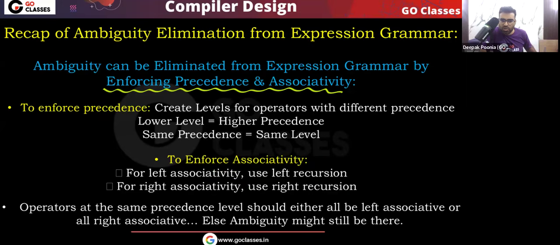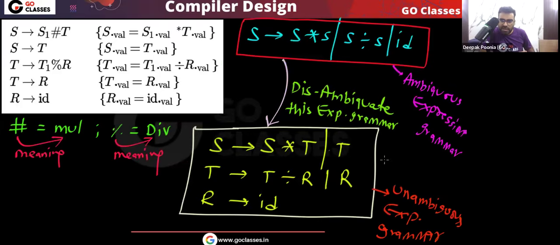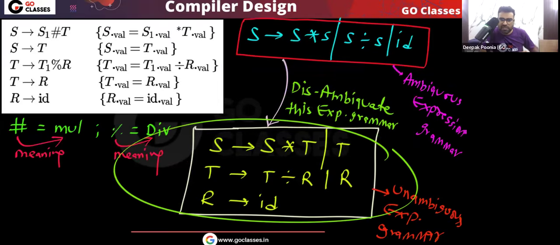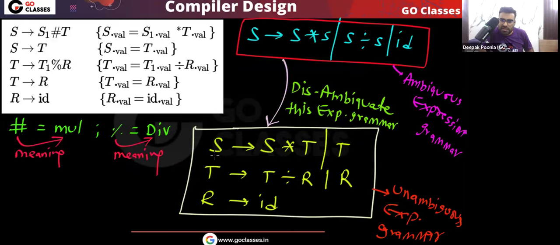Do you remember? In our unambiguous expression grammar, look at this production. This is left recursion. Yes or no? S is calling S, and this is left recursion because this S is on the left side. So this star is left associative.